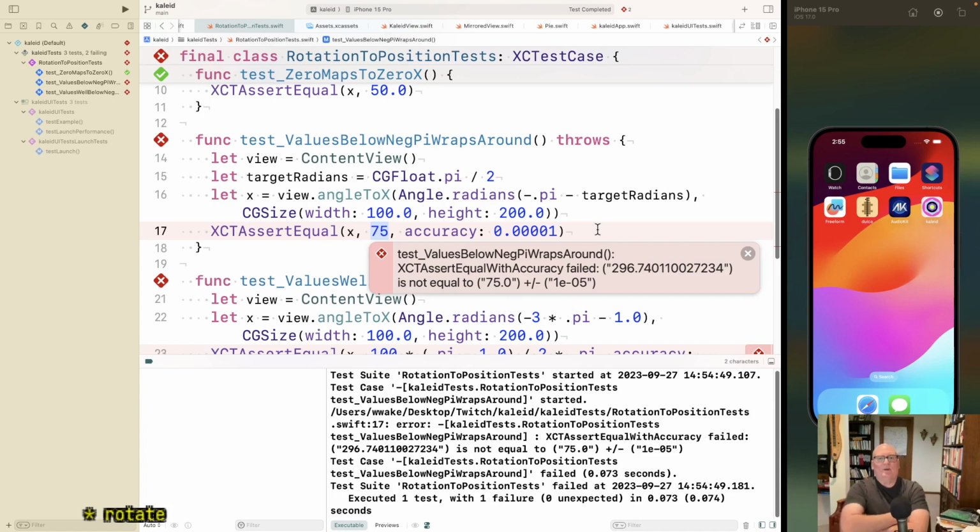Okay, so I don't know how I get anything over 100 unless my calculation is more than 2 pi.